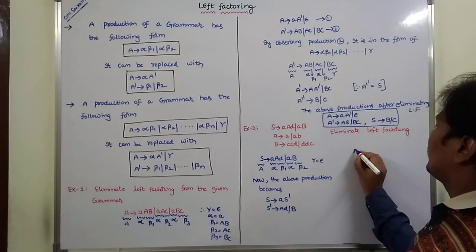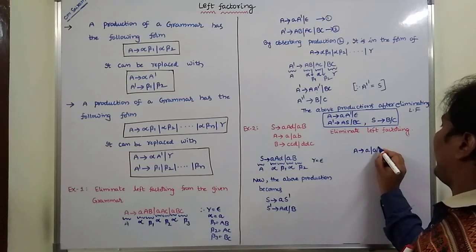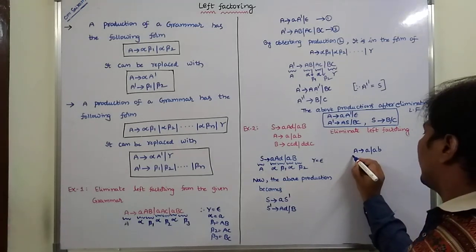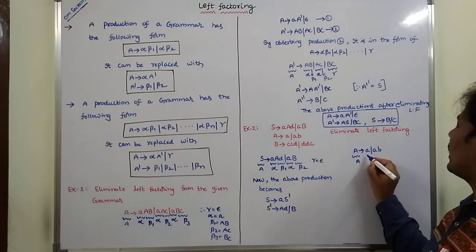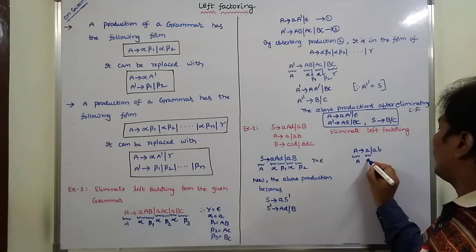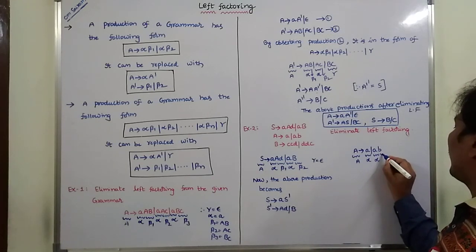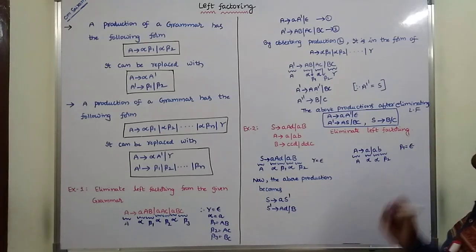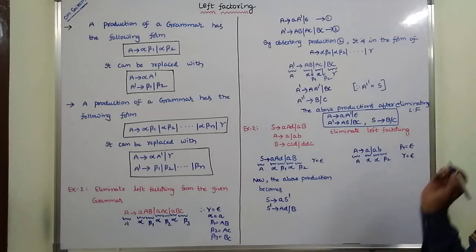Second production: A tends to small a by small a B. Now the common term is alpha and this is beta 2. Here beta 1 is equal to epsilon, and gamma is also epsilon.